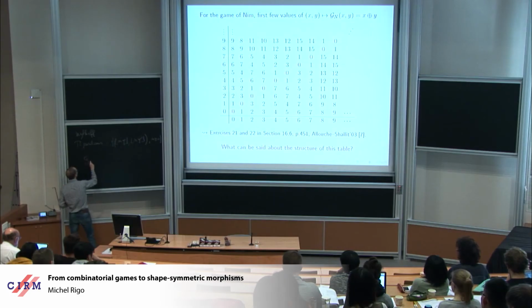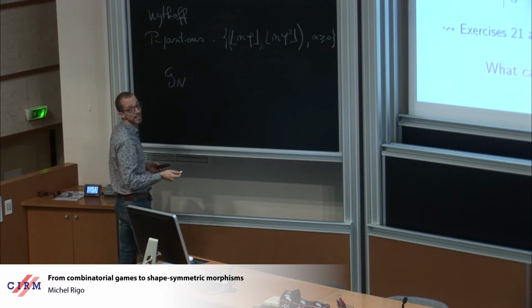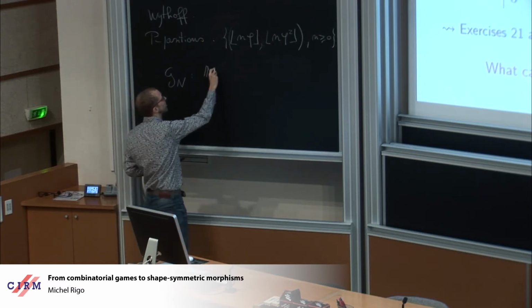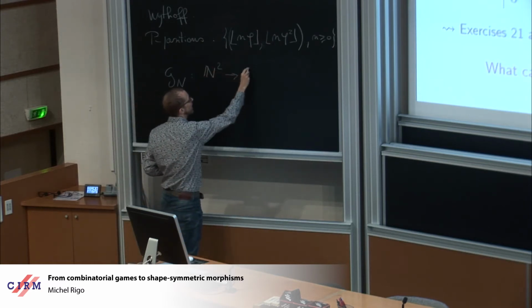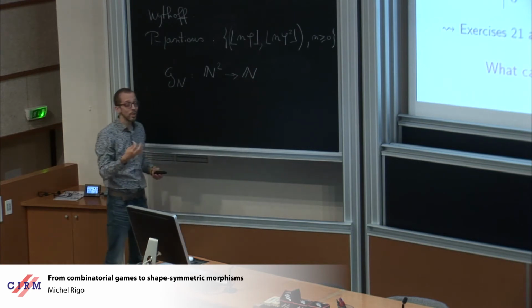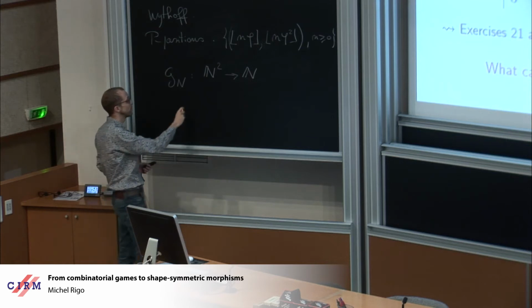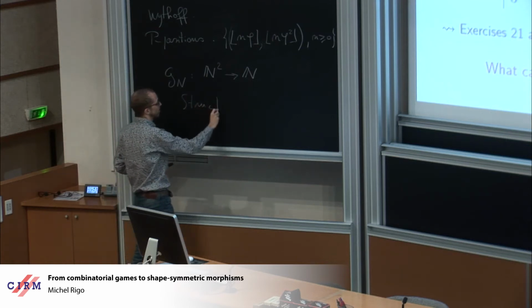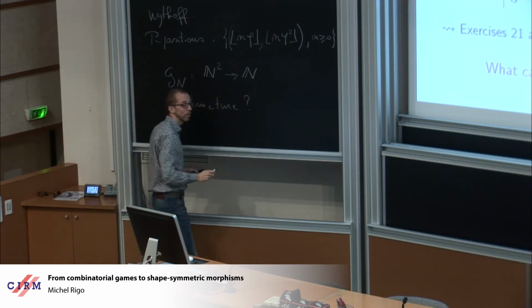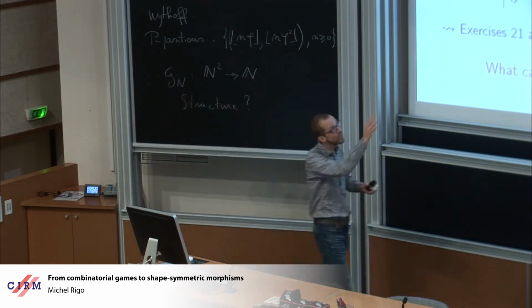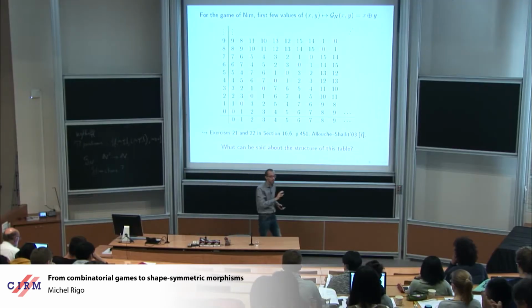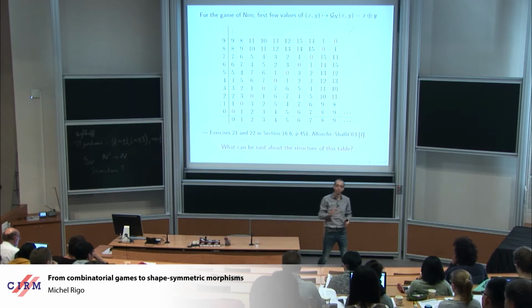G of n, you can see it as a map from N squared to N. And my main question was, what is the structure of this bidimensional sequence? What can be said about the structure of G of n, even if we know how to compute it thanks to a Nim-sum, but I would like some more information about that.